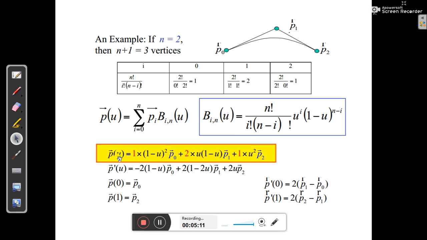So now P(u) for any point is 1 into (1 minus u) square P0 plus 2 into u into (1 minus u) P1. If you use that equation here, and you do the expansion, 2 into u into (1 minus u) into P1 and 1 into u square into P2. So this is just the expansion of these equations.